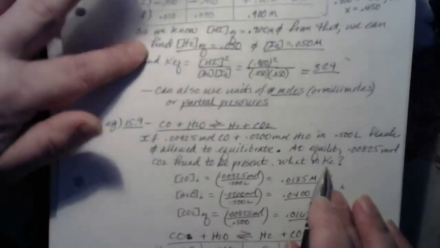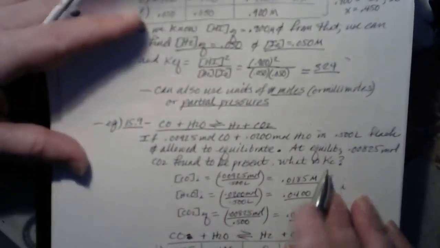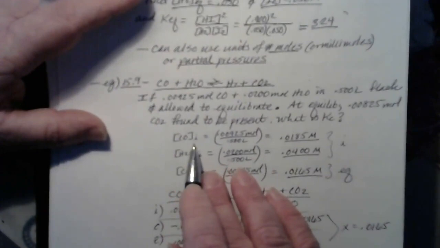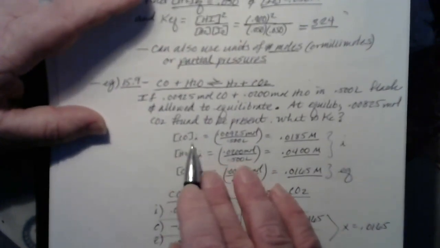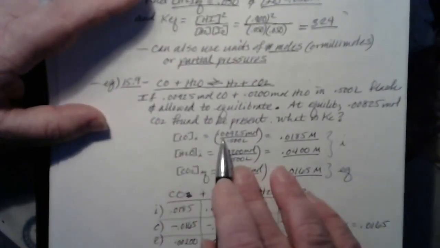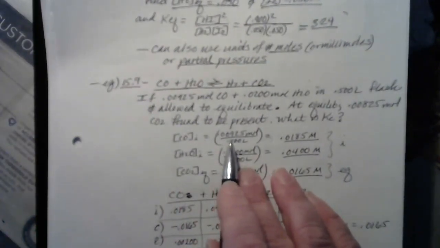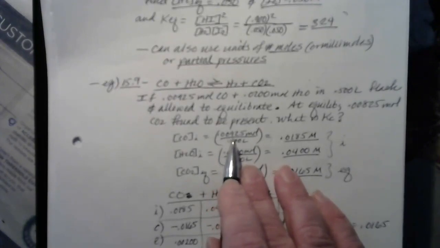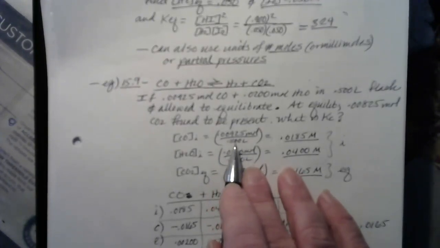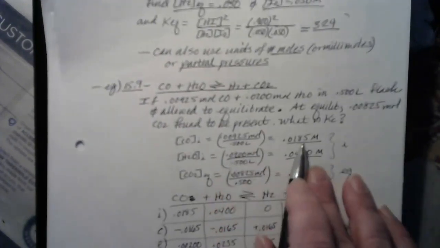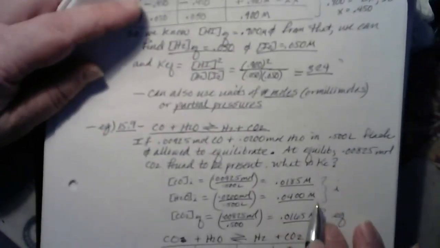Well, this is an example that's very similar to what we just did. We know that the initial carbon monoxide concentration, and I think it's safe to change the concentration before setting up the table, is going to be 0.00925 moles divided by the volume, which is 0.5 liters. And that will be 0.0185 molar.